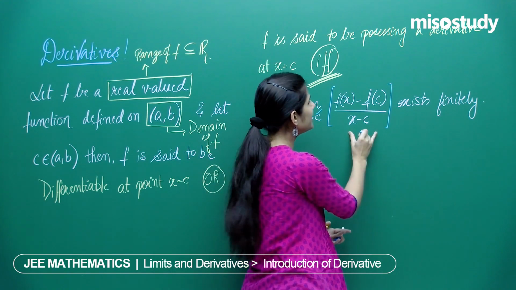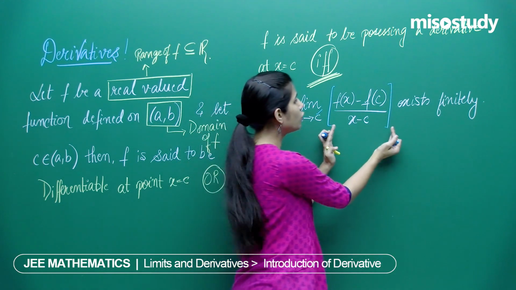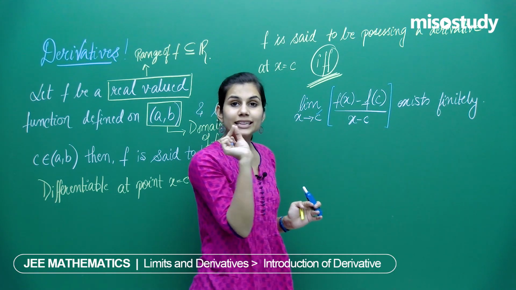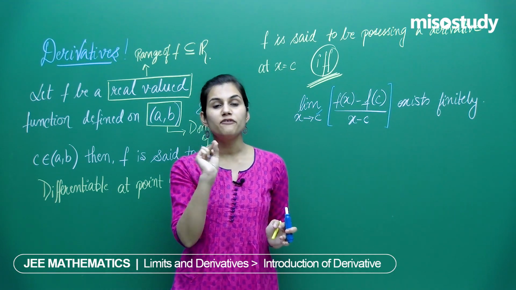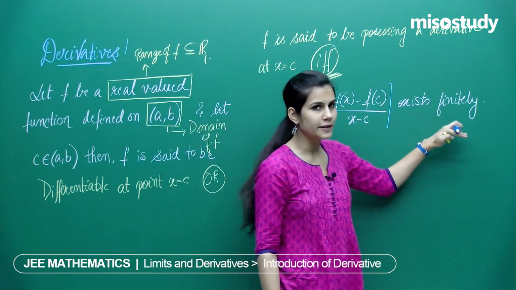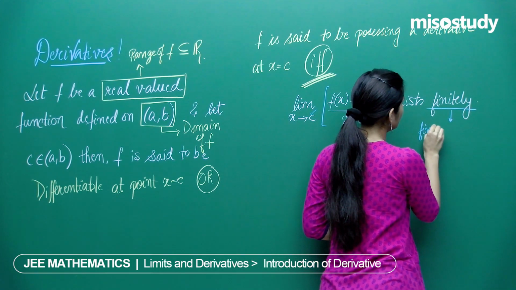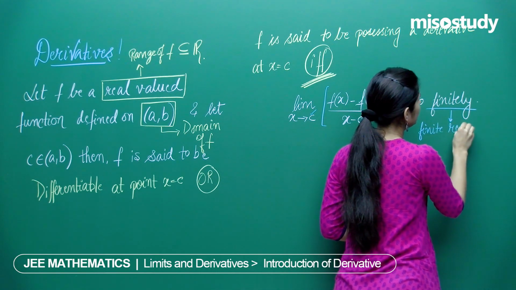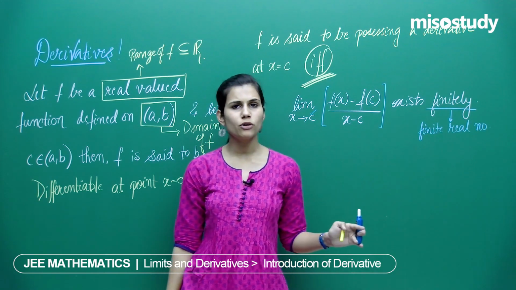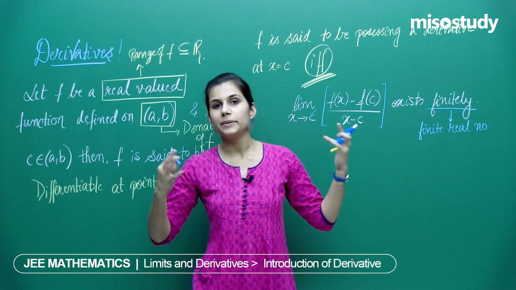Right? So if this limit is existing finitely, it means that the limiting value of this function as x approaches c, if that value comes out to be a finite real number, only then can I say that this limit is existing finitely. That means it should come out to be a finite real number. It should not come out to be infinity, it should not come out to be minus infinity, or I can say it should not come out to be a case in which I have to say that the limit does not exist.